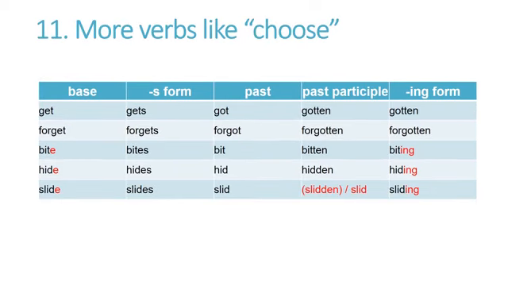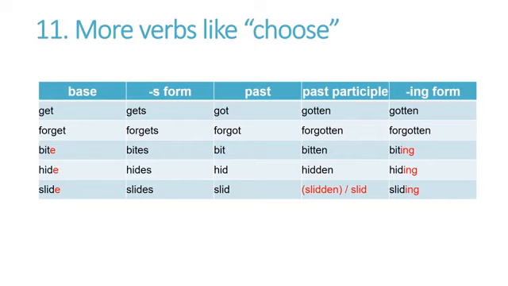Now there are some more verbs that follow the same pattern in that they use the same vowel sound in both the past and the past participle. However, in the past there is no -en ending, but in the past participle there is. Let's look at some examples. Get, got, gotten.